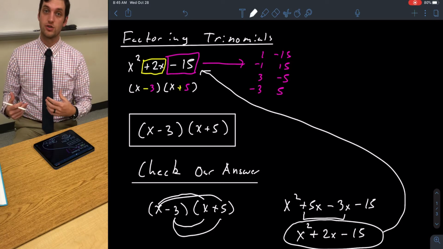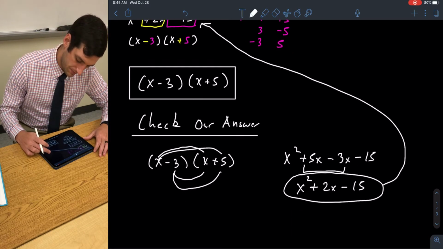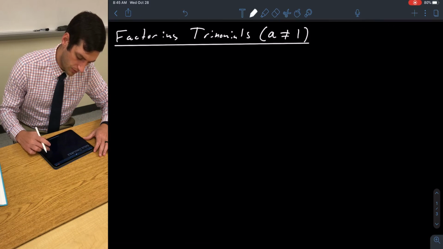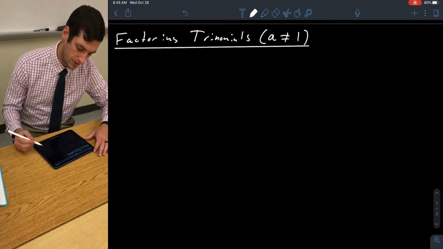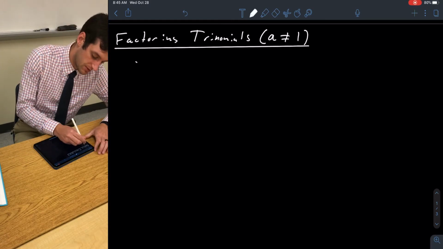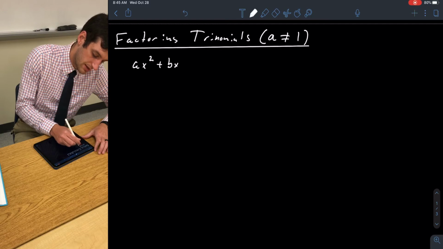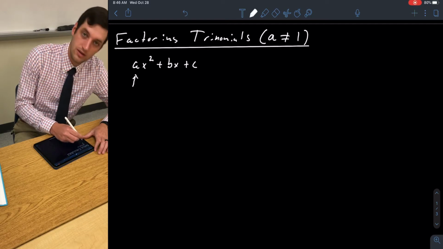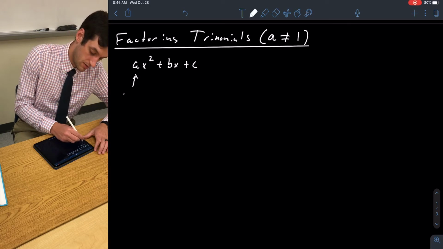Okay, so now it gets to a point where it's a little bit more difficult because, like whenever we talked about ax squared plus bx plus c, this a value is not equal to 1.